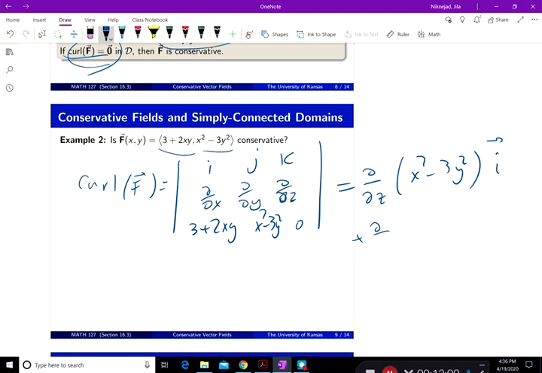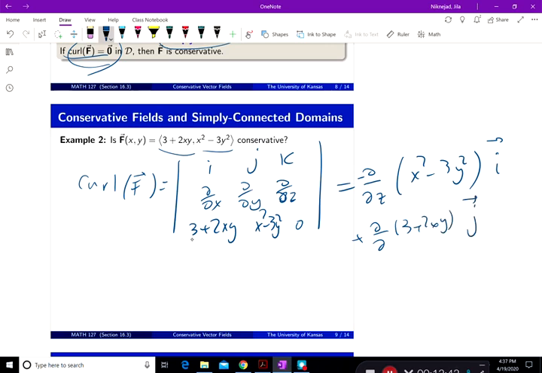Now, the next one is going to be basically, let's see, it covers j and the first row, and I get, again, with the first one I got a negative sign in here, and again I get partial of x with respect to z of 0, and then plus partial with respect to z of 3 plus 2xy.